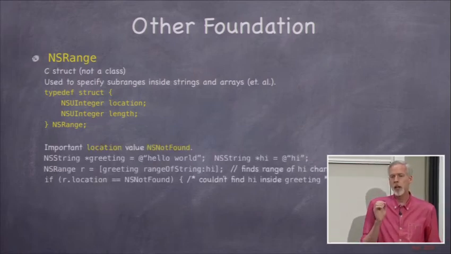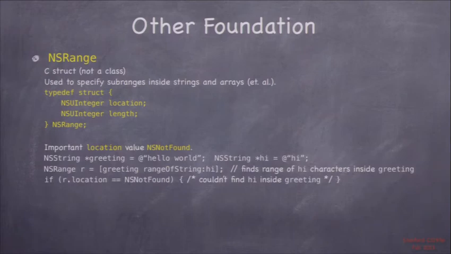There's an important constant called NSNotFound. NSNotFound is the value of location in a range that was not found or that is otherwise invalid. So if you search for a substring in a string and it couldn't find it, you're going to get a range back where the location is NSNotFound. Everyone understand that?